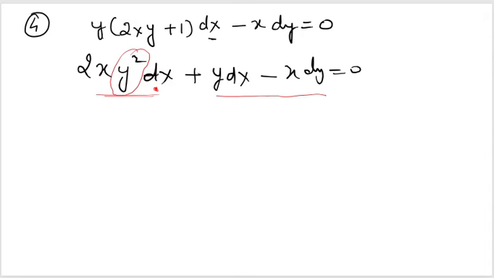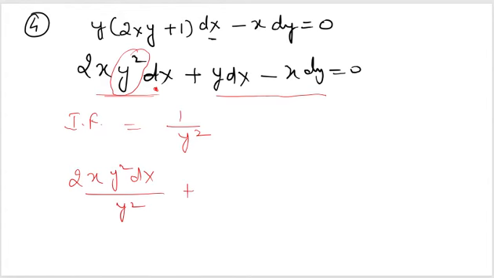So y square gets removed only when it is 1 upon y square, and 1 upon y square will work on this side, so the integrating factor is spotted. What is that? The integrating factor is 1 upon y square, and you have to multiply both sides by it. Basically you have to multiply the integrating factor to the expression, and we will get y d of x minus x d of y upon y square is equal to 0.